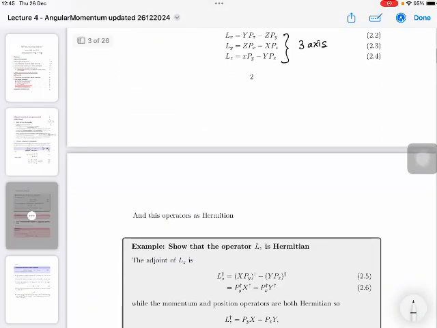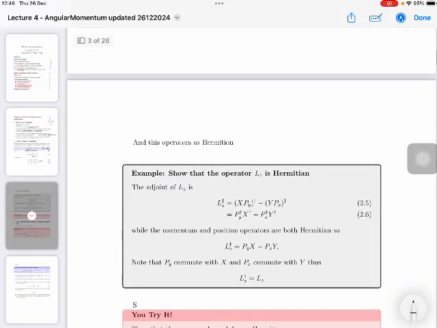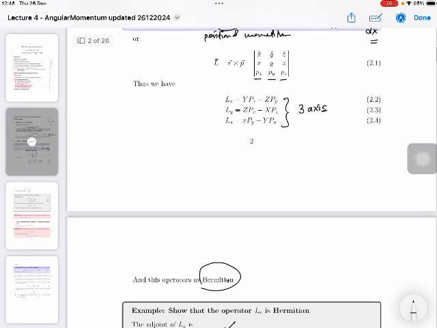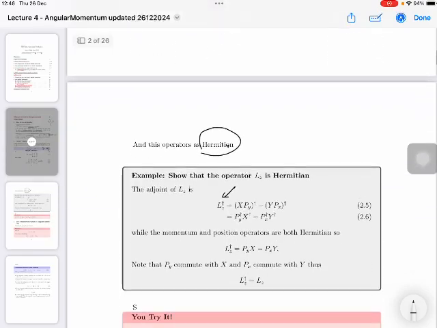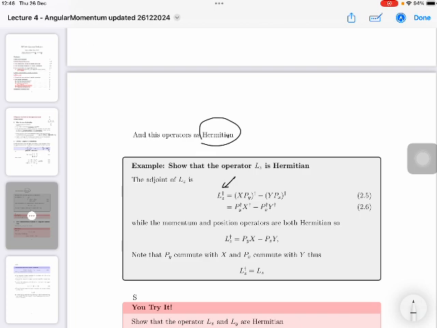So what we're going to do today is first check if your angular momentum is Hermitian. There's a typo here. The Hermitian is, remember, we use the dagger. So take one of the examples here, angular momentum. If you dagger your angular momentum, you dagger both sides, but here it's a multiplication, so you change the order.